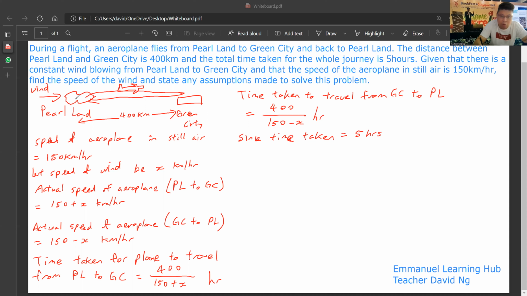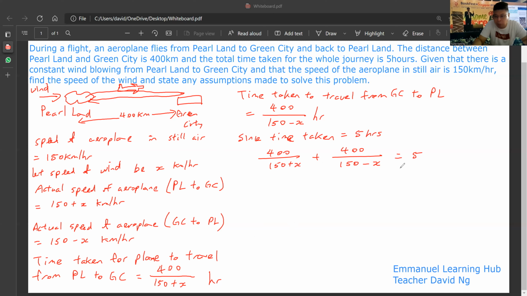So I just add together the time taken for both, and that would be equal to 5 hours. I just need to solve this equation to find my x, and after finding x, I would have solved this problem by finding the speed of the wind.